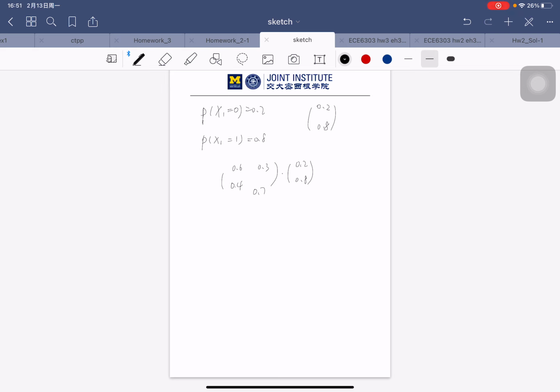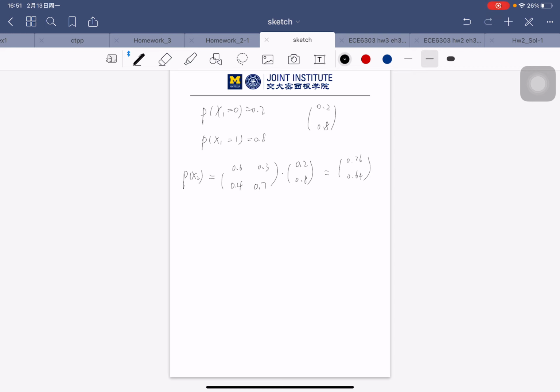Then we can have the distribution of the signal of the next node, which means pX2 is equal like this, and we will get the numbers 0.63 and 0.64.